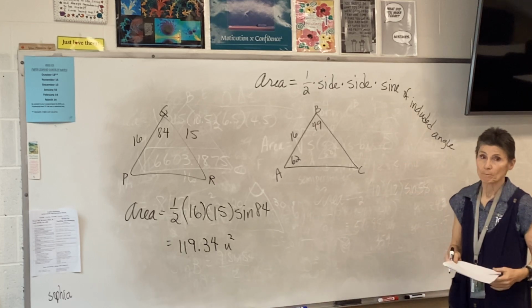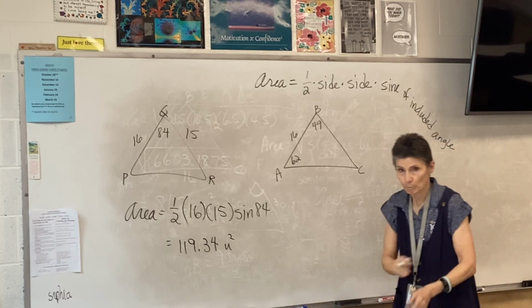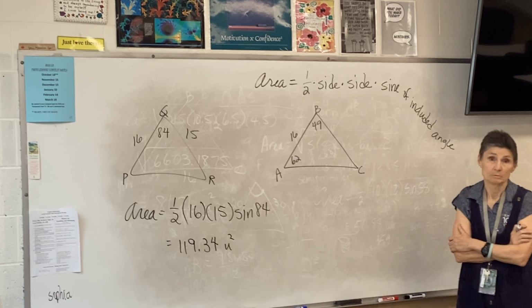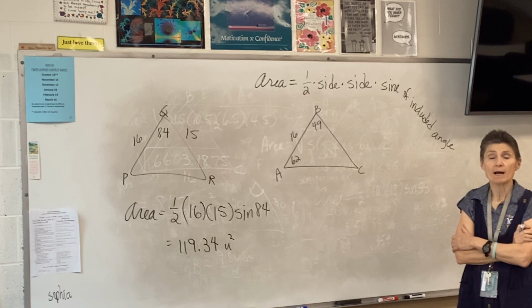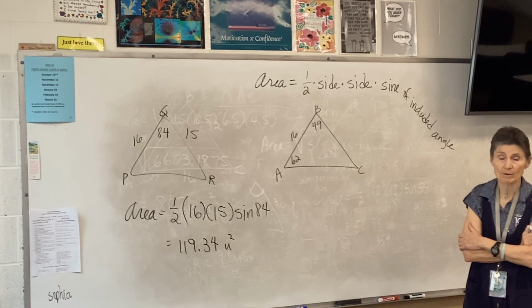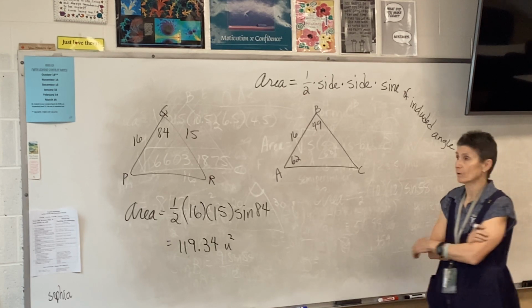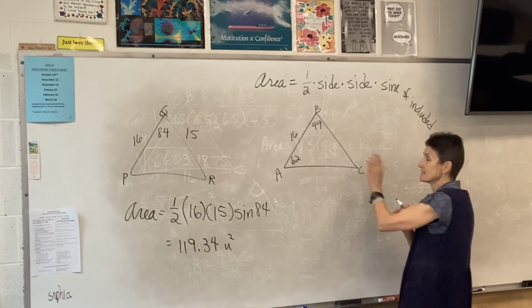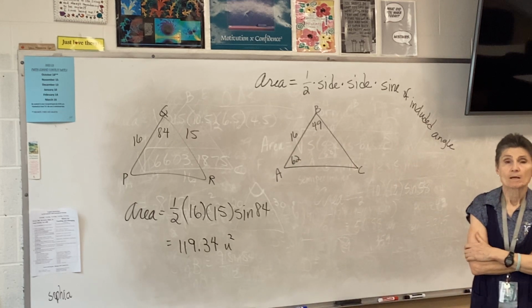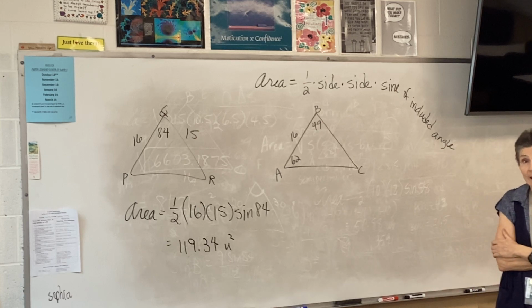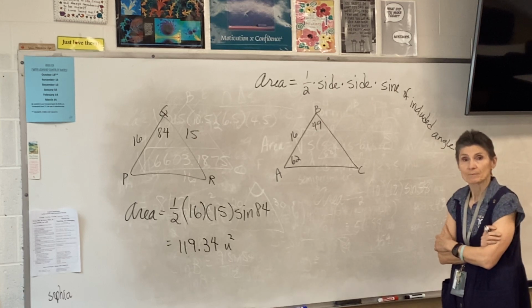Now, is this problem appropriate for Hero? No, because in order to use Hero's formula, I must know the perimeter. And if I want the perimeter, I must know all the sides. I don't, so I'm not going to use Hero's formula. Okay, what about my 1/2 sine formula?